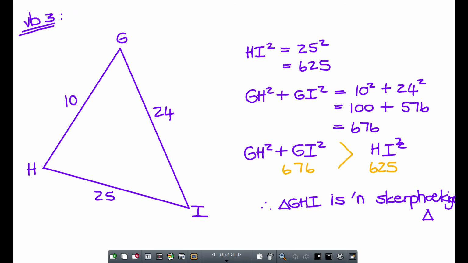Again, 625, 676. So because of the numbers, the sign is going to go like that. You look at the sign. Now because the sign is biting towards those other two angles, the shorter angles, and not towards the hypotenuse. I'm talking about hypotenuse just to know which one. It's actually the longer side.